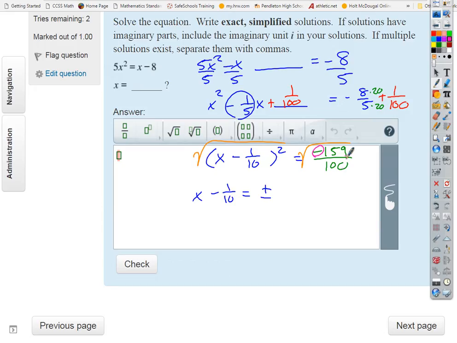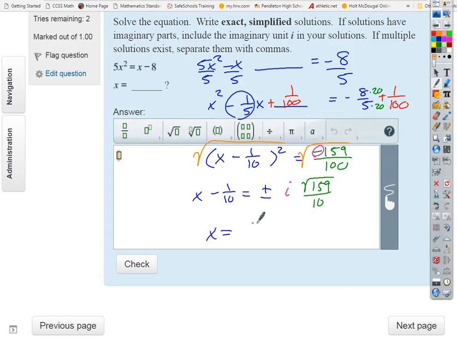The square root of 159, I believe I'm just going to be stuck with. Yep. And then the negative becomes an i. But the square root of 100 becomes a 10. And so when I add 1/10 to both sides, I just get the solutions.